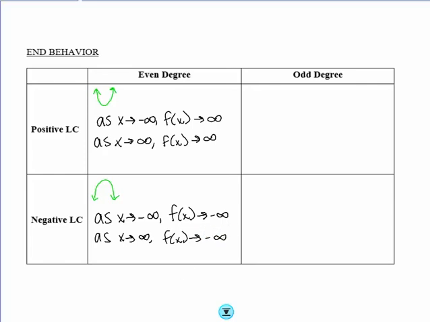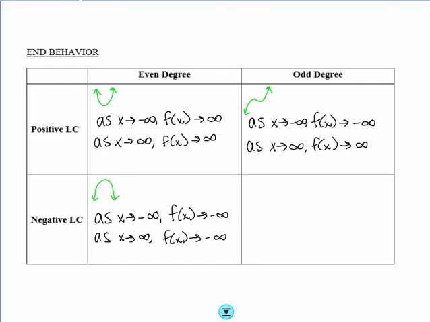If we, however, have an odd degree polynomial with a positive leading coefficient, our graph will look something like that. So as x approaches negative infinity, f of x approaches negative infinity. And as x approaches positive infinity, f of x approaches positive infinity.